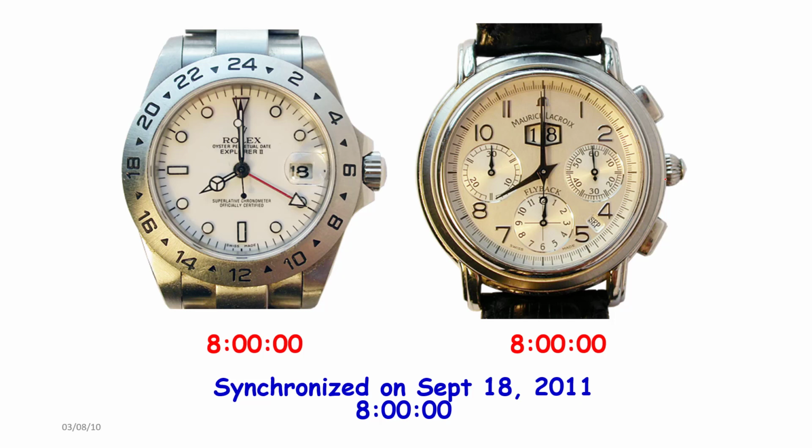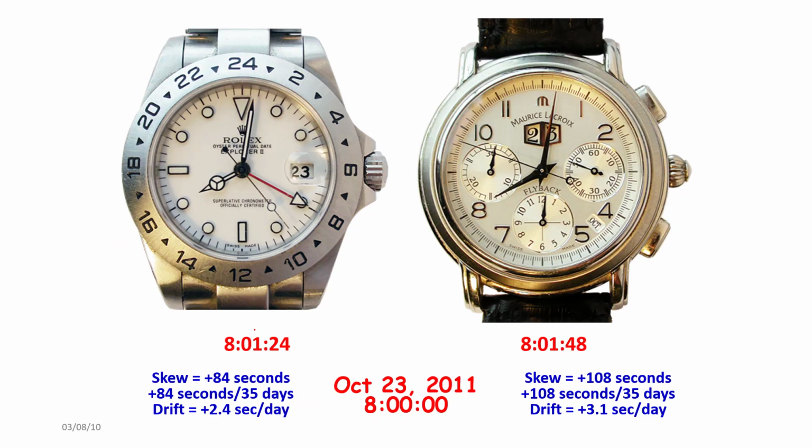So here is a photograph that shows two real watches. Both were synchronized on September 18th, 2011, at exactly the same time. At this point, they were showing exactly the same time, which was 8 a.m. But after that, they drifted.